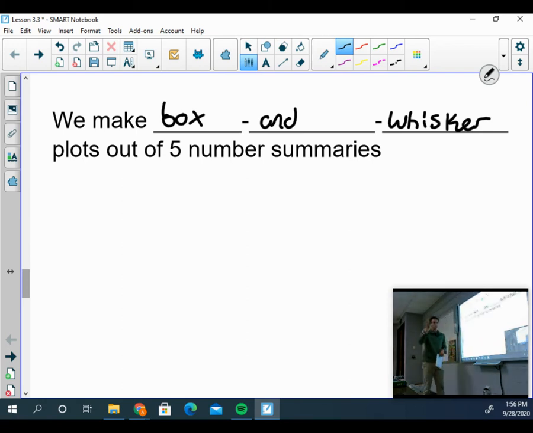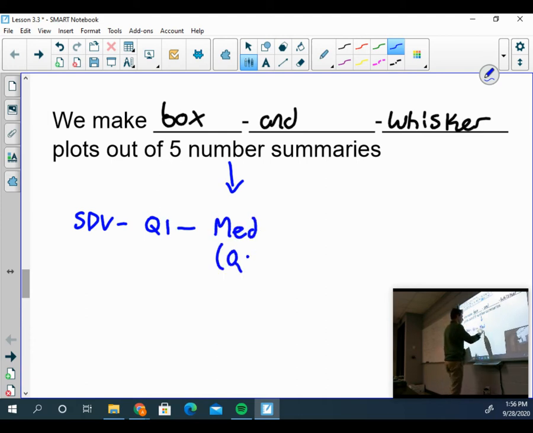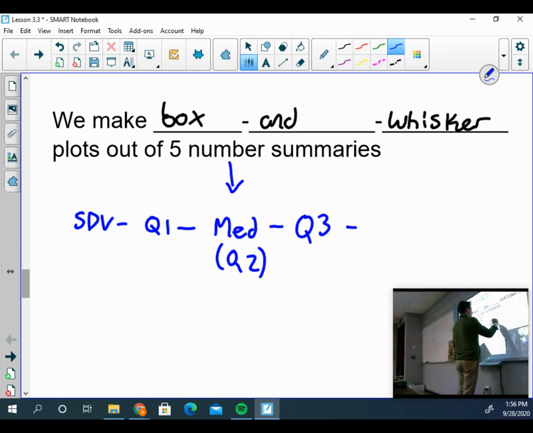Now you might be thinking, well, what's a 5-number summary? Well, a 5-number summary is where we have 5 numbers that summarize our data. It will include your smallest data value, Q1, the median, also known as Q2, Q3, and your largest data value.